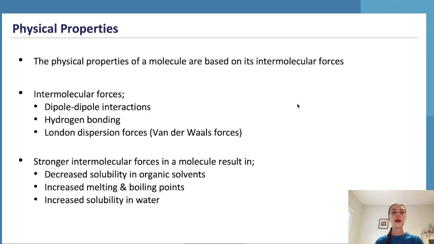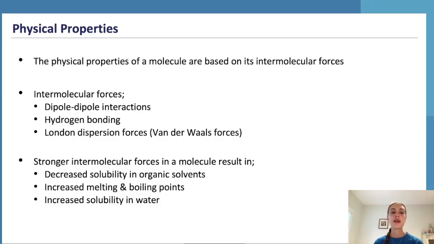So that covers all of our functional groups. So now we're going to go into the physical properties of molecules. These physical properties are going to depend on the functional groups which the molecule has, and this is due to intermolecular forces.